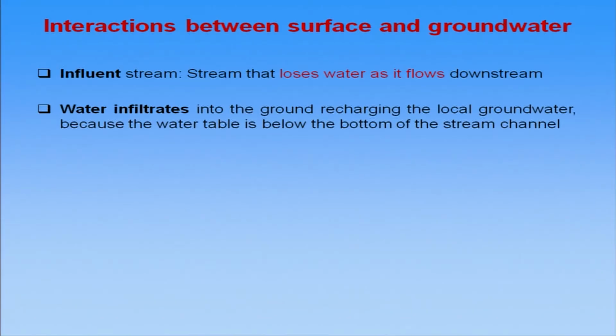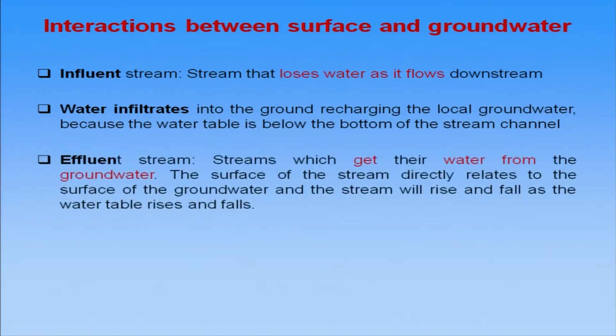So whatever precipitation there is in the upstream is infiltrated and passed on to the downstream channel. Then the effluent stream gets its water from the groundwater. Refer to the figure I was showing in the previous slide: the stream which gets water from the groundwater is the effluent, and the influent stream loses water.